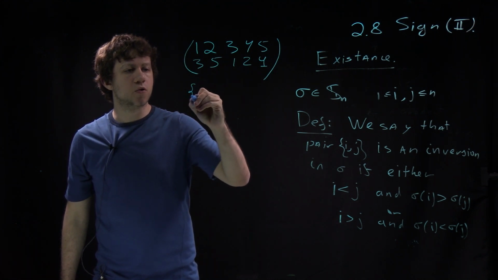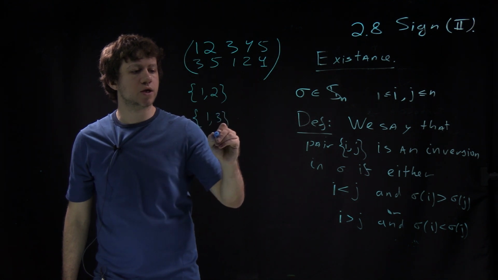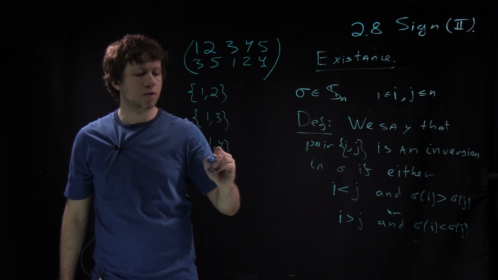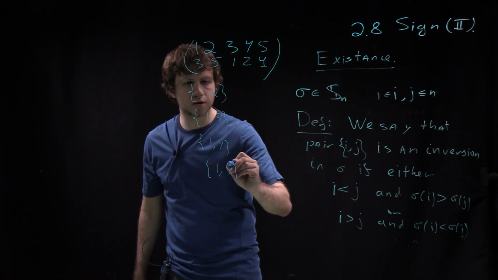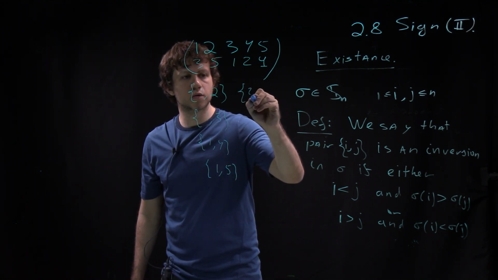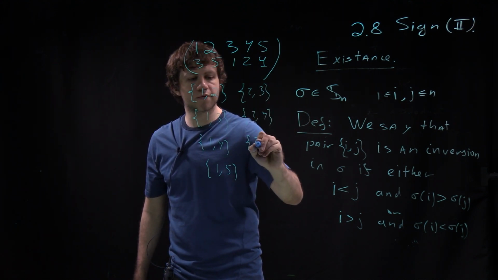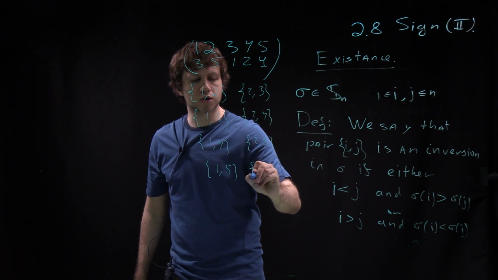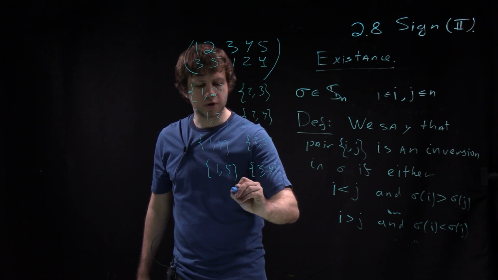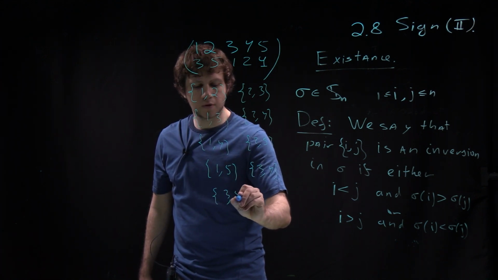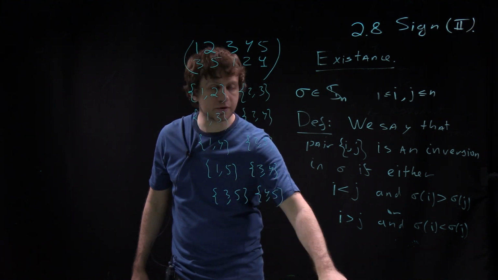We can look at all possible pairs: 1,2; 1,3; 1,4; 1,5; 2,3; 2,4; 2,5; 3,4; 3,5; and 4,5. And let me label which of them are inversions.